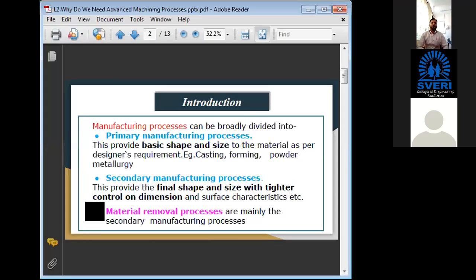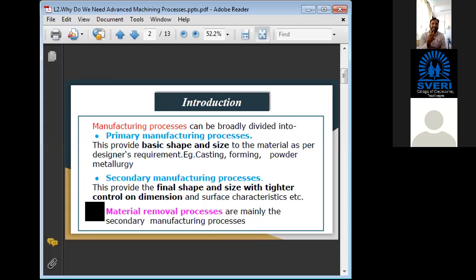As you can see on the slide, manufacturing processes can be broadly divided into two processes.